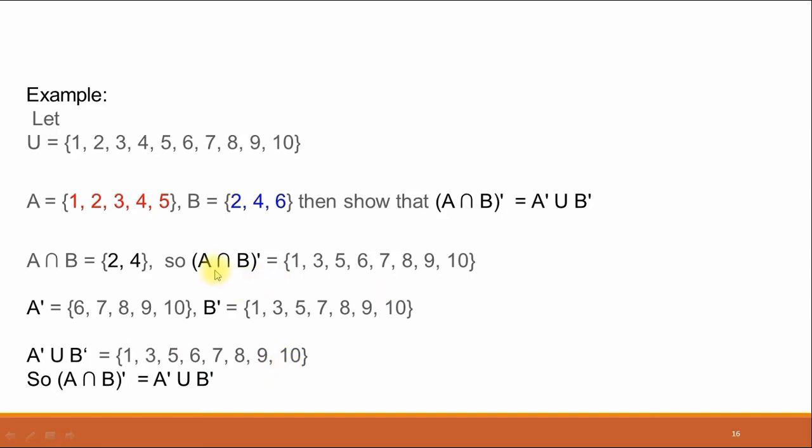Since (A ∩ B)' contains the elements 1, 3, 5, 6, 7, 8, 9 and 10, and A' ∪ B' also contains these elements, we can say that (A ∩ B)' is equal to A' ∪ B'.